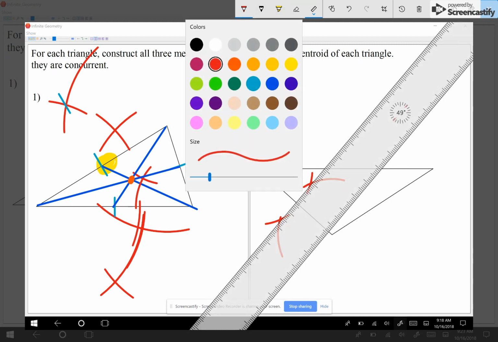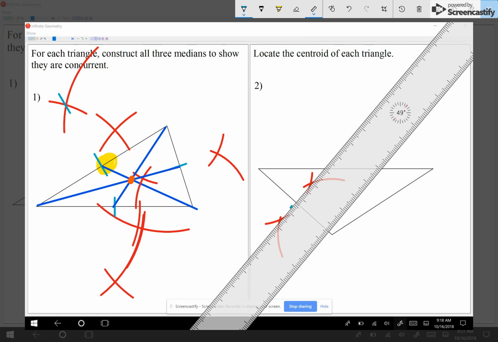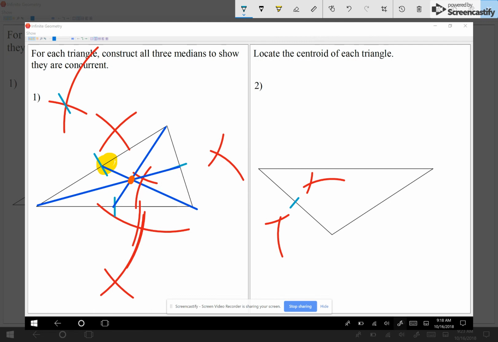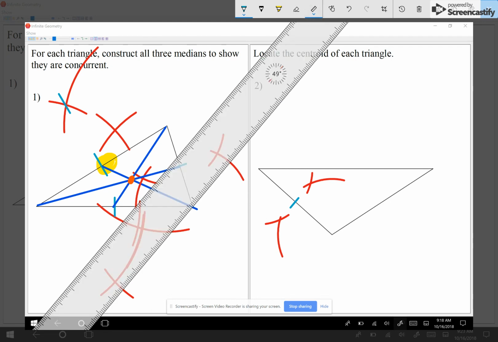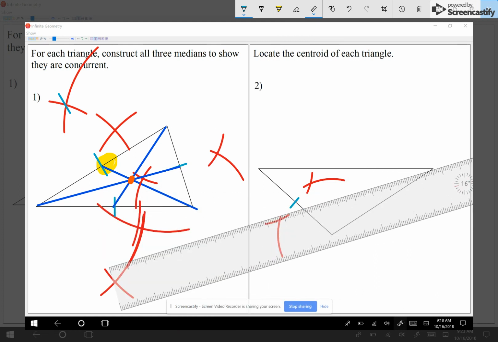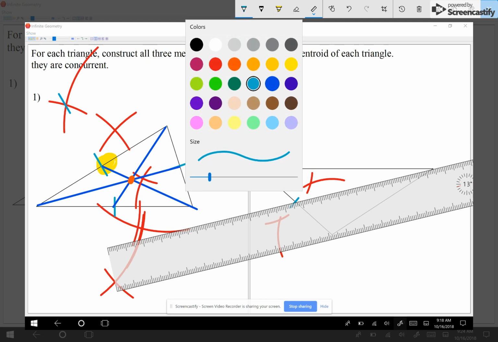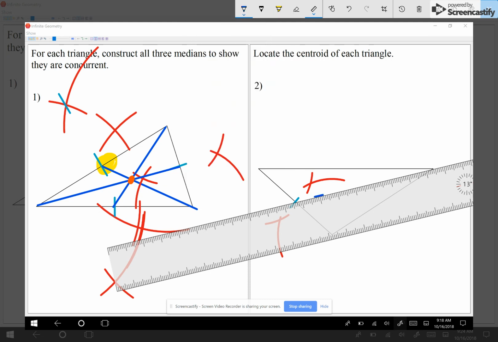Once again, I'm just interested in the midpoint of the segment, because then I'm going to grab my ruler and connect that intersection with the opposite corner. And that gives me a median.